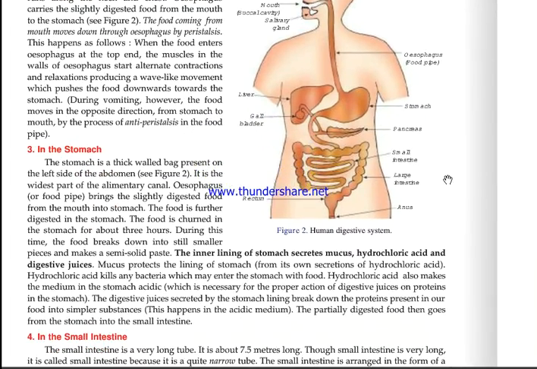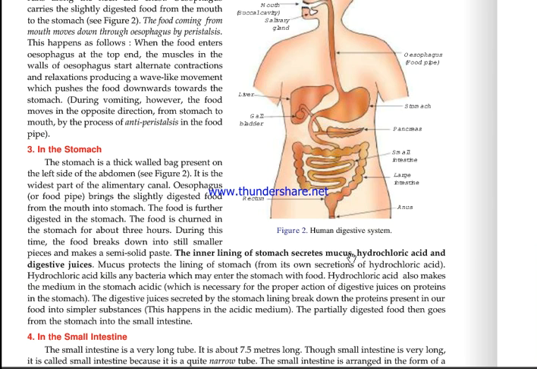The third organ is the stomach, where the digestion of food takes place. The inner lining of the stomach secretes some digestive enzymes or digestive juices, as well as mucus and hydrochloric acid, as you see here.